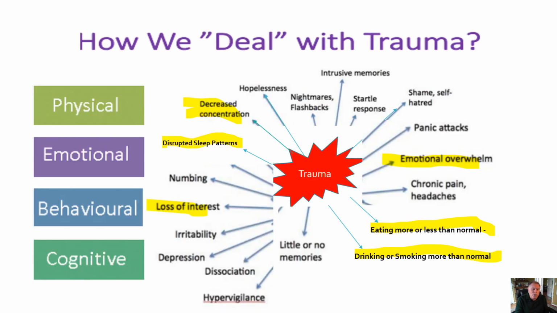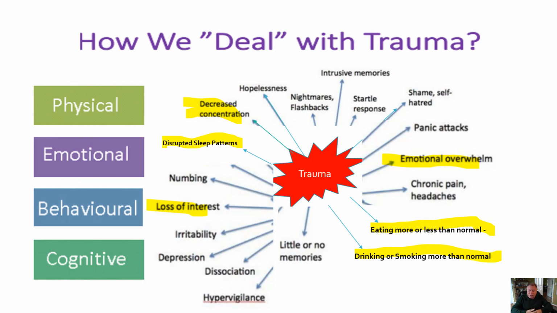And when we think about how we deal with trauma, physically, emotionally, behaviorally, how we think, we look at these things and there's a number of things that we deal with. And I want to point some of them out because I think you may find, I know I did, that some of these things really impact you. This is how we're responding.